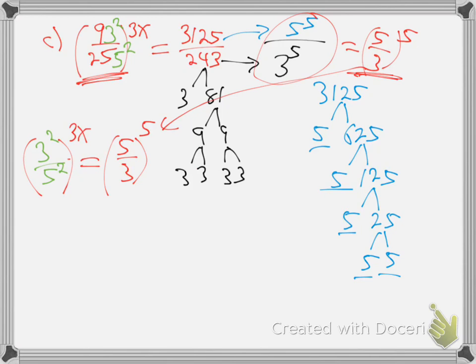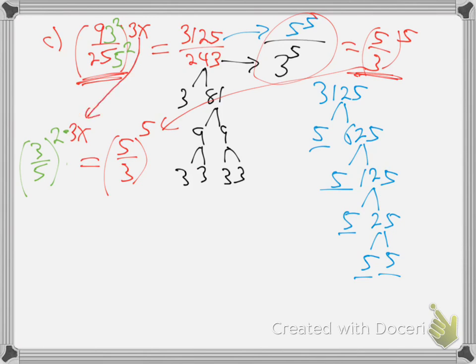Well, that means it's 3 over 5 squared. Let me clean that up a little bit. Like that. So it's 3 over 5 squared. You see that? 3 over 5 squared is 9 25ths. And the 3x is still outside there.